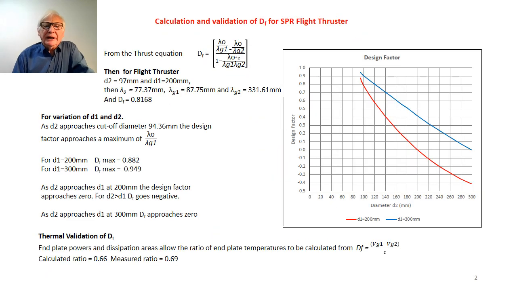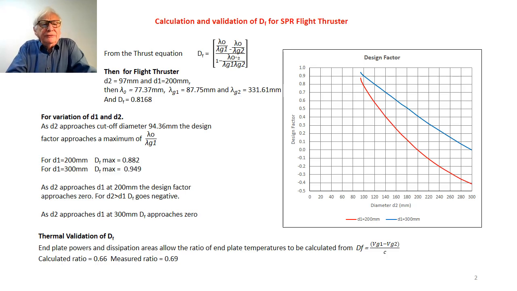We'll now look at the value of DF, the design factor, in detail for the SPR flight thruster. We've said we have an equation for the design factor, which in this case includes the relativistic correction factor.